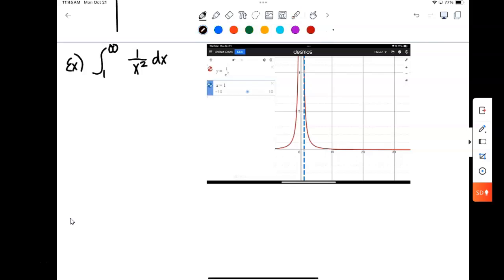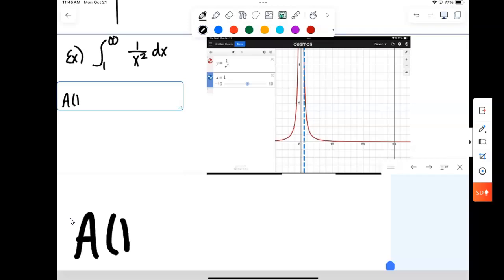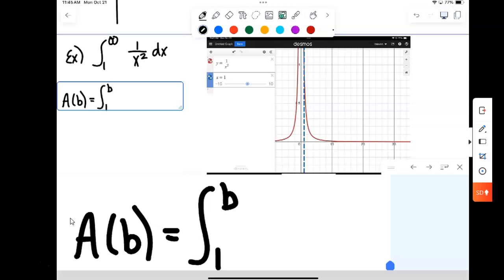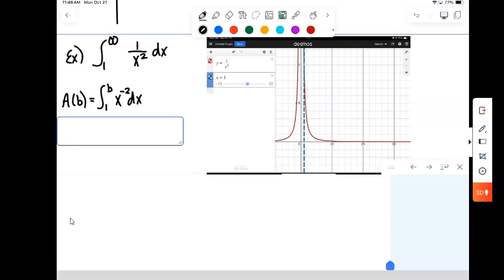Before we get into the integral and the overall techniques, let's create a function here. I'm going to define the function capital A of b, area of b, as the integral from 1 to b of my function, x to the minus second dx. Using our integration techniques, this is a simple one.